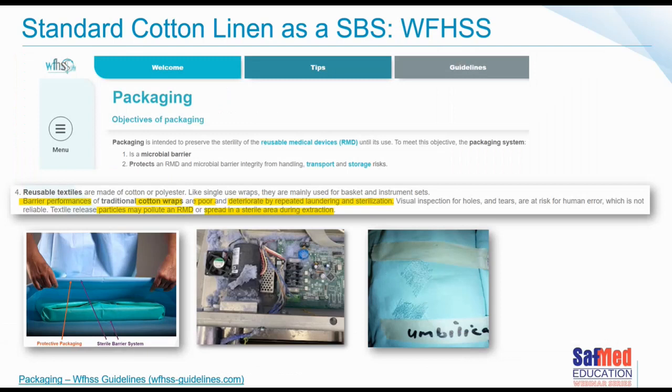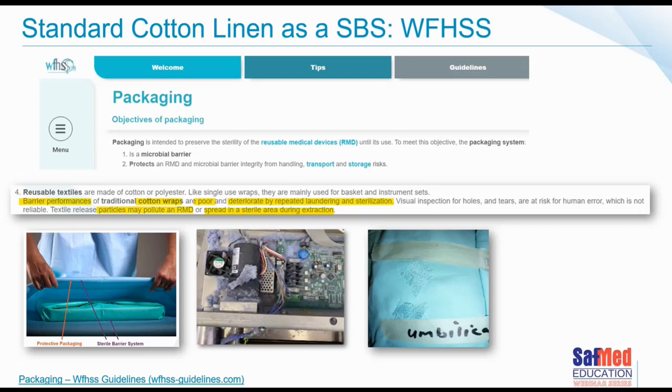What does the World Forum for Hospital Sterile Systems have to say? The World Forum for Hospital Sterile Systems has an incredible wealth of knowledge and, of course, a series of guidelines that you can access at any time. Dr. Denis will be discussing these in our Africa Health Congress next week, describing how they came to the formation of these guidelines.